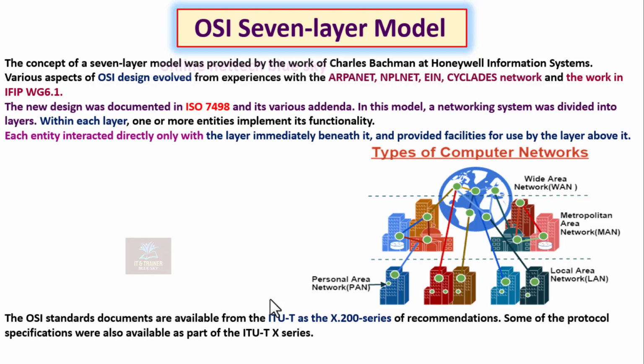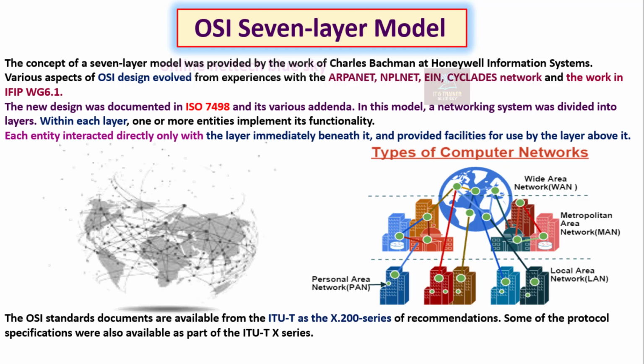SMTP is the Simple Mail Transfer Protocol, which transfers your email. There are many protocols available worldwide, and this is the reason communication from one side to another works in the world.